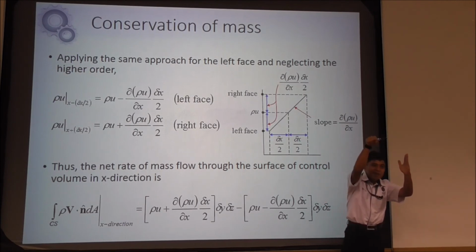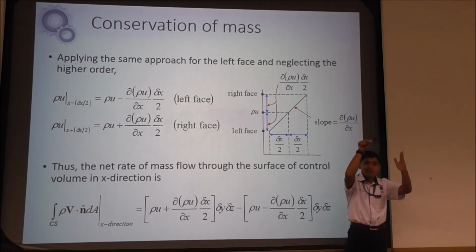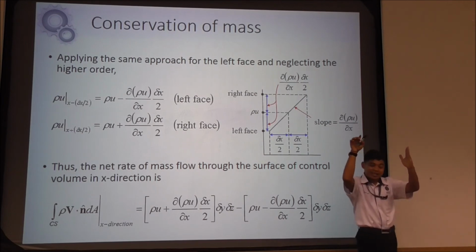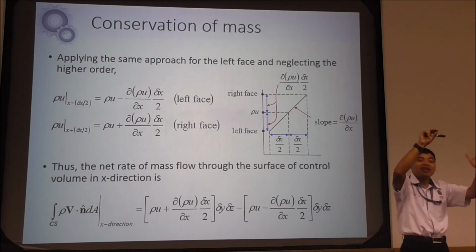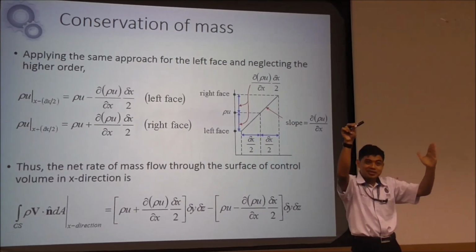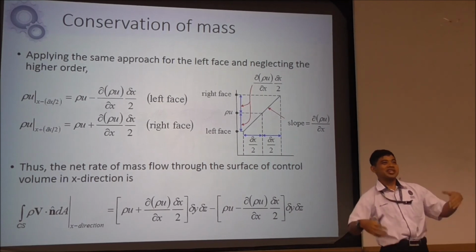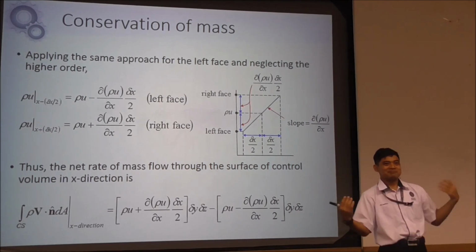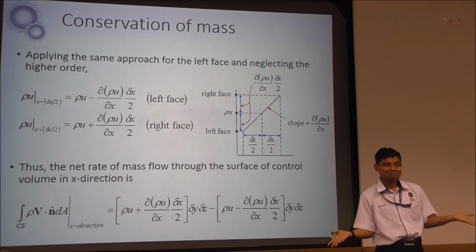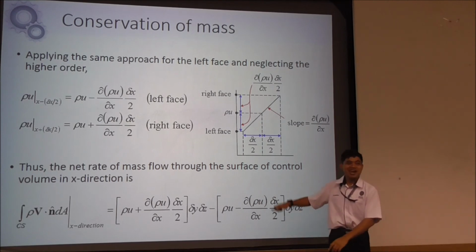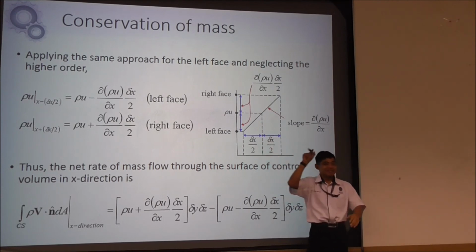You locate your point in the middle. Unless you want to make yourself complicated. If you want to make yourself in trouble, you put it at 3/4 or 1/4. It's up to you. That's your life. If you want to make it complicated, it's your problem, not my problem. For me, I want to make my life simple. I take it in the middle.